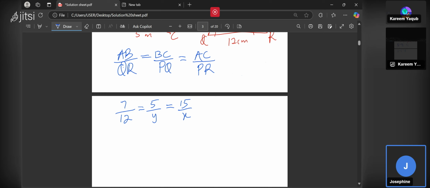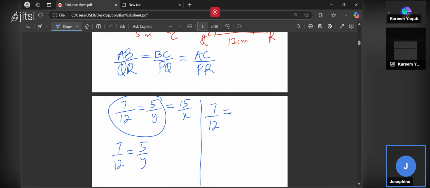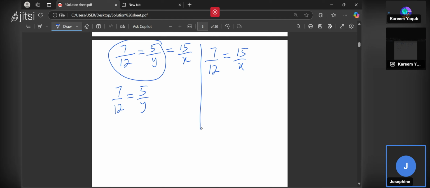So we combine the completed one: 7 over 12 equals 5 over y. Then the other one, 7 over 12 equals 15 over x. You use this to solve for y and this to solve for x. So we cross multiply.